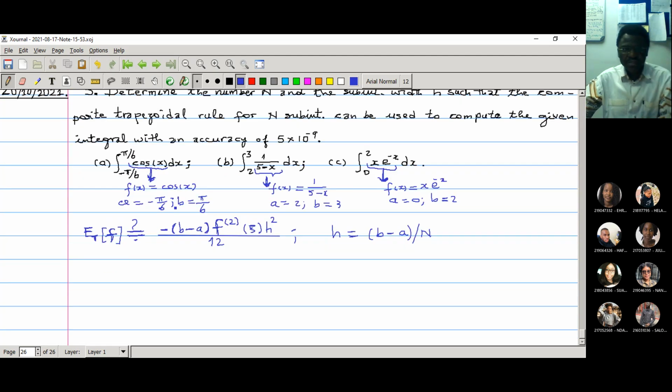And in order to do this, to find an upper bound, because we want to get rid of this, right? This is unknown, of course. It is in the open interval a, b. So you don't know it. Because you don't know it, you need to take the maximum of this, which is the number of times you differentiate.